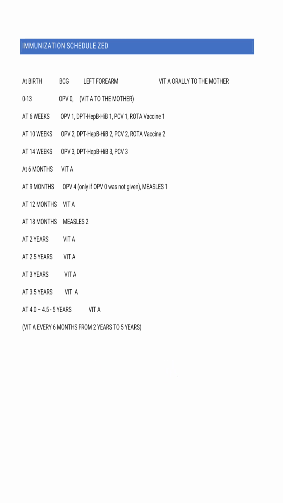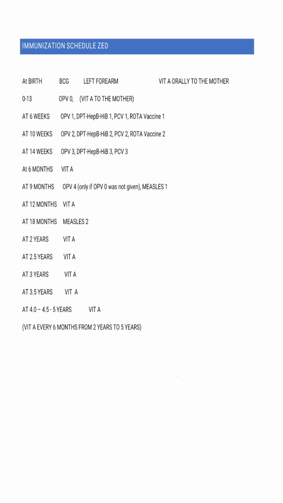At 14 weeks we give OPV 3, pentavalent dosage 3, and PCV dosage 3. So PCV ends here, the pentavalent vaccine also ends here, and OPV also should end here, unless OPV 0 is not given. That's when it goes to 4.